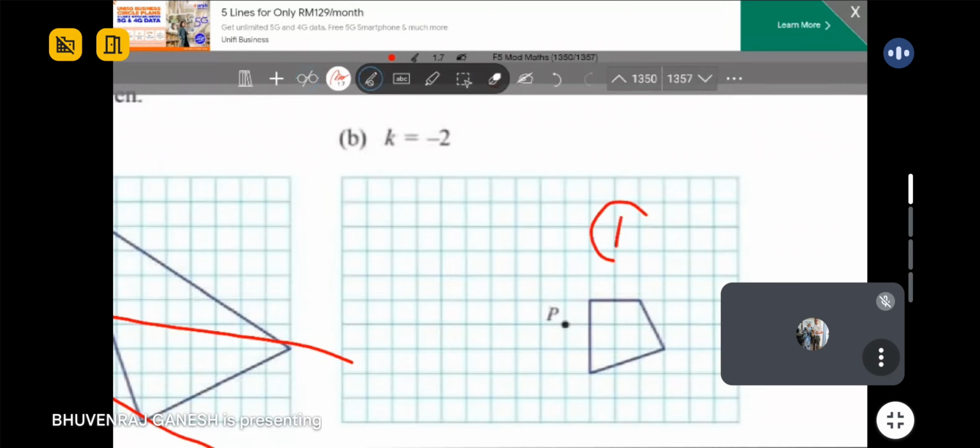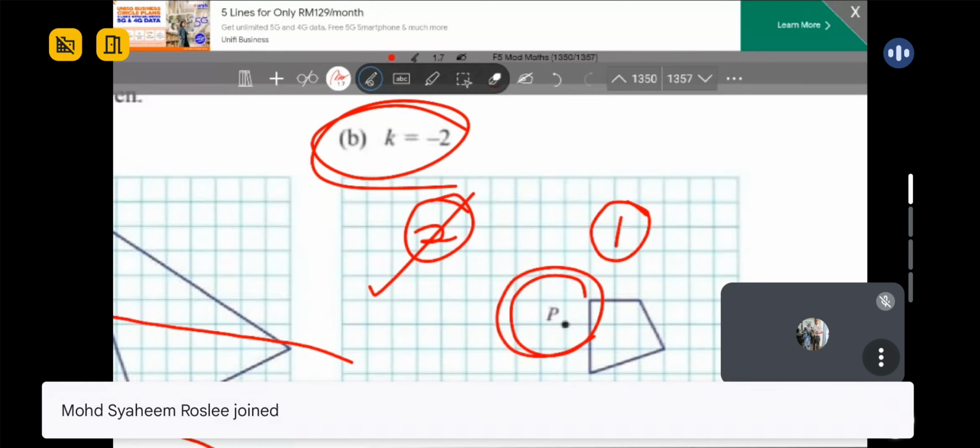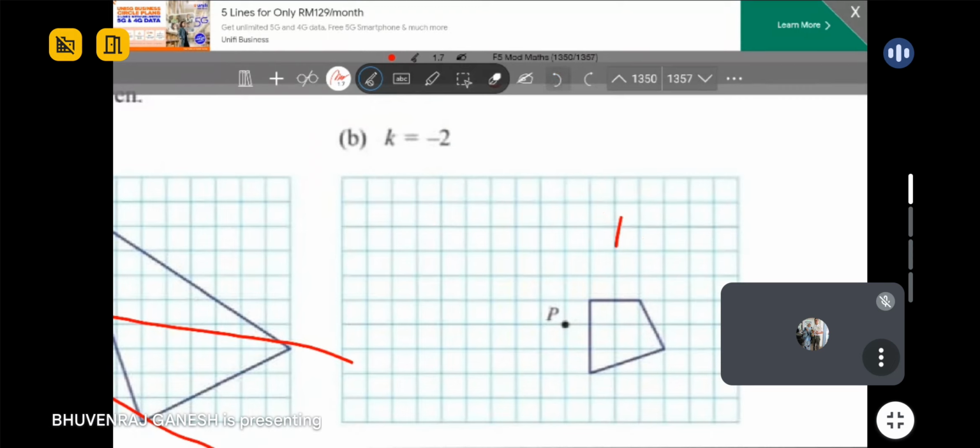Adakah dia kat sini atau kat sini? Nombor mana? Berdasarkan nilai faktor skala kamu. Yes, very good. Okay, so correct. So the answer is number 2. Okay, because pusat dia akan kena kat tengah-tengah untuk pembesaran skala negatif. Okay, so boleh lukis dari situ.